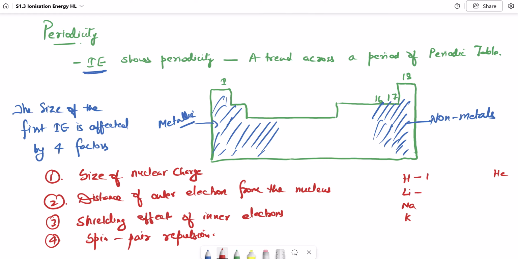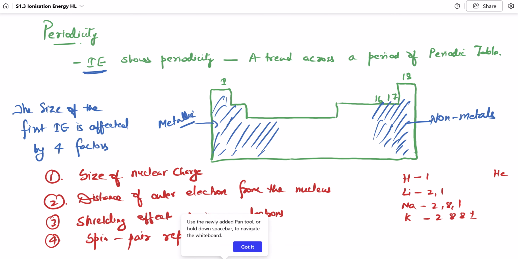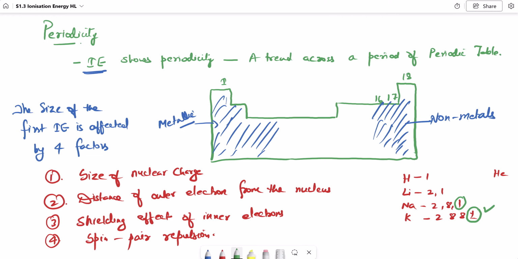Hydrogen is 1, lithium is 2,1, sodium is 2,8,1, potassium is 2,8,8,1. If I take out one electron from this element and from this element, you will find this is easier, because you have to take out the electron from the fourth shell, so you invest less energy because the effective nuclear charge is less and size is more.